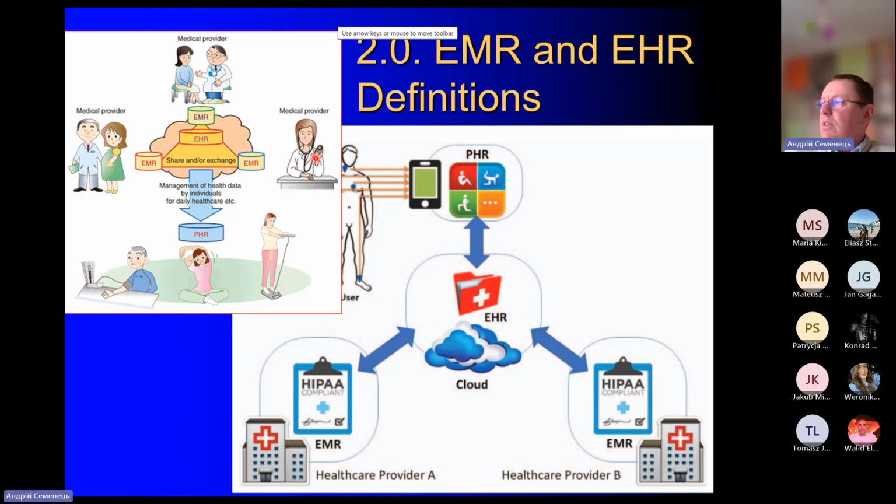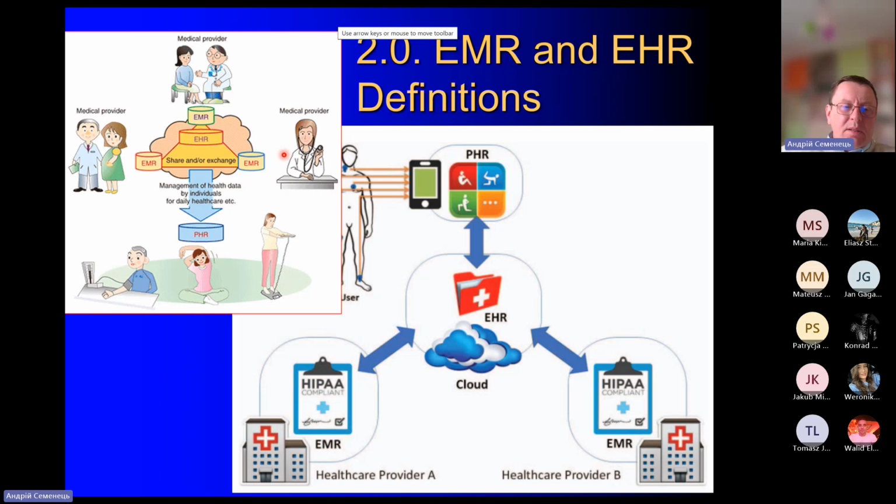Speaking of Ukraine, since 2017 we have the e-health national information system, which is specifically dedicated to creating and maintaining EHR based on EMR created in different medical facilities. EU countries have such systems, Poland as well, the United States, Japan, and many developing countries are also working on this, even in Asia, Africa, and so on.